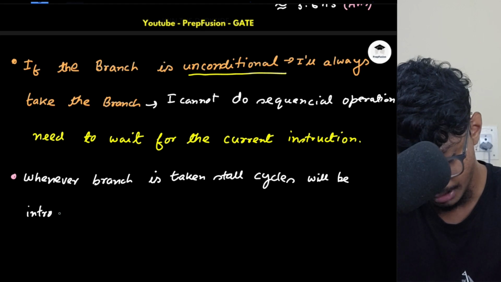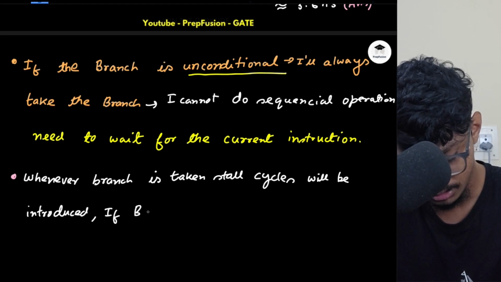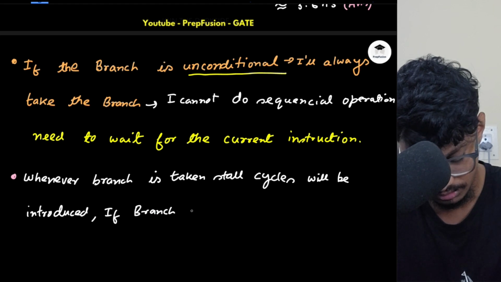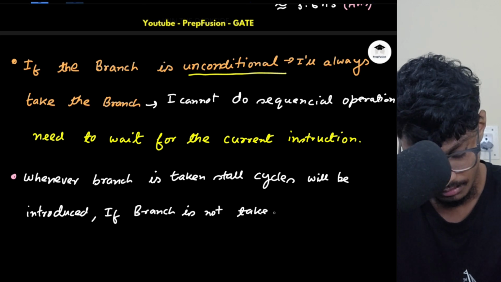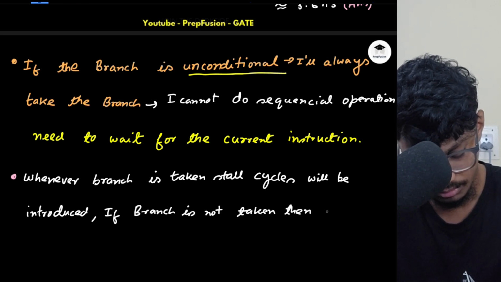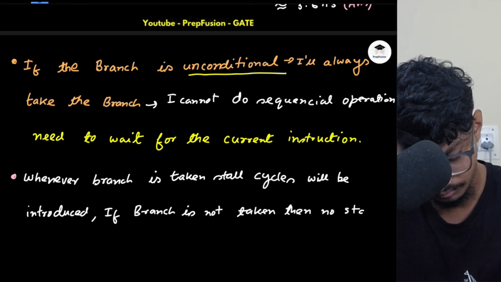Okay, if the branch is not taken, then no stall cycles.